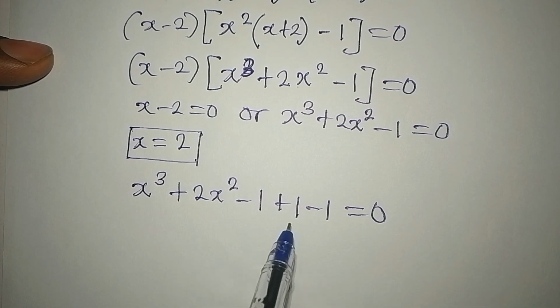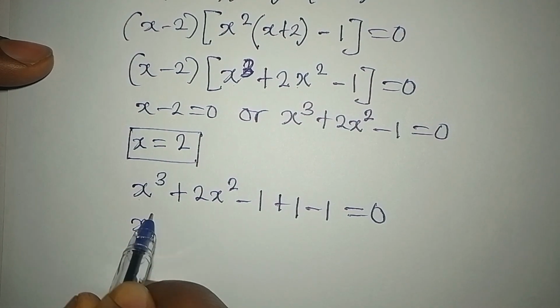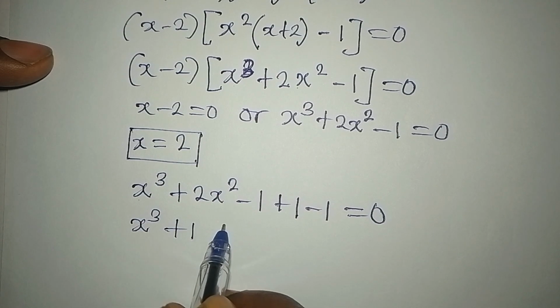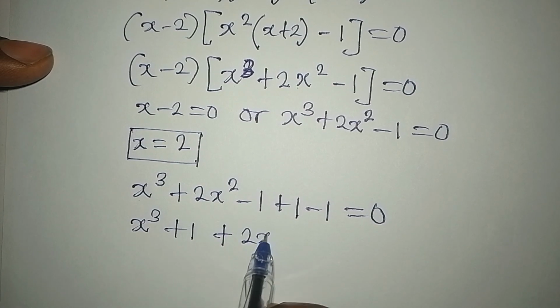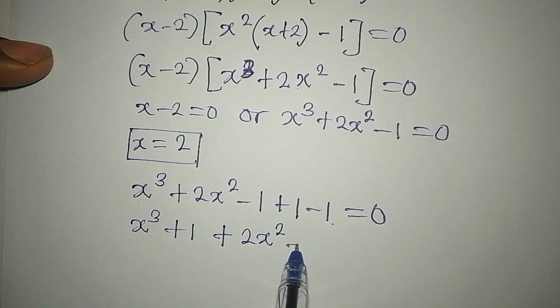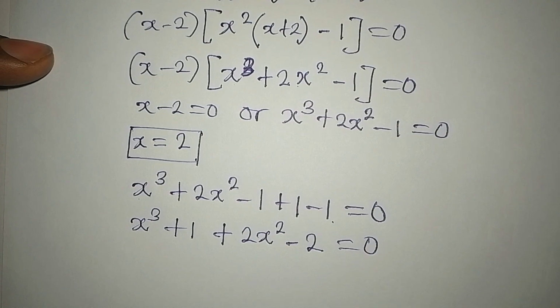But I can rearrange so that this will work with this, since both of them are positive. x to the power of 3 plus 1, right? Then plus 2x to the power of 2 then minus 1 will give us minus 2. Then we equate to 0.